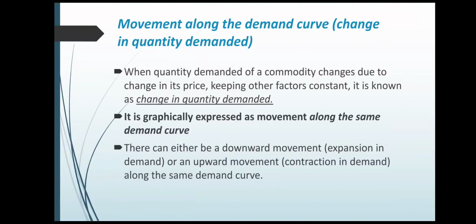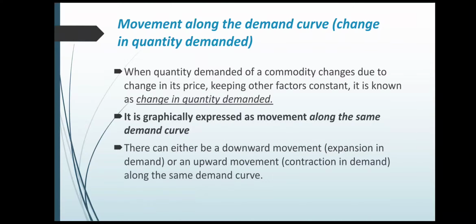So it is graphically expressed as movement along the same demand curve. So this is very important. For movements to be shown, there is only one demand curve, and the movements are shown with the help of arrows. Okay, so it can either be an upward movement or a downward movement, but only one demand curve is to be made and movements are shown on that same demand curve.